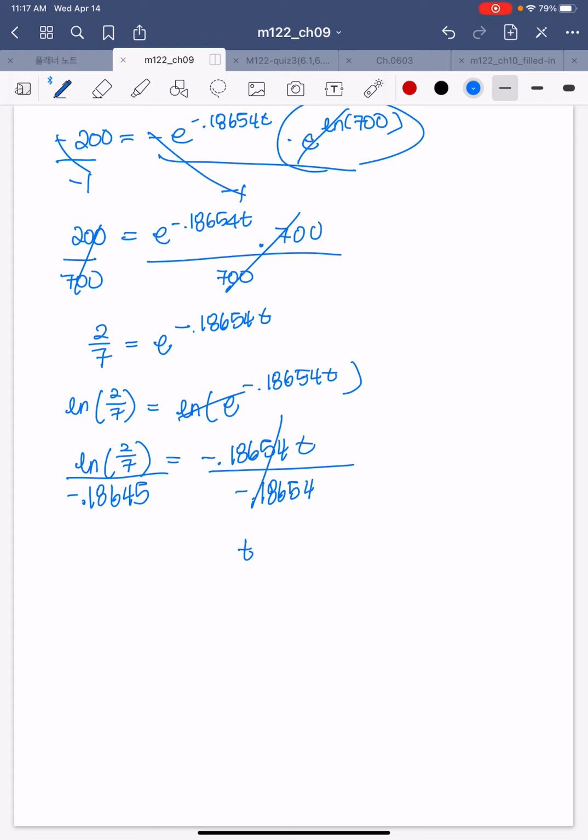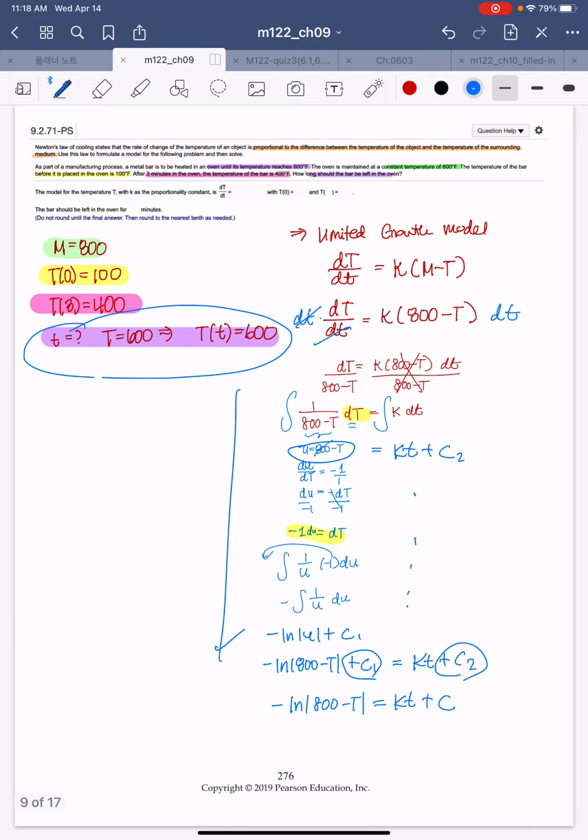So I get t is equal to, our final answer should be, I'm getting 6.7 minutes. So for this part over here, the bar should be left open for 6.7 minutes, to the nearest tenth.